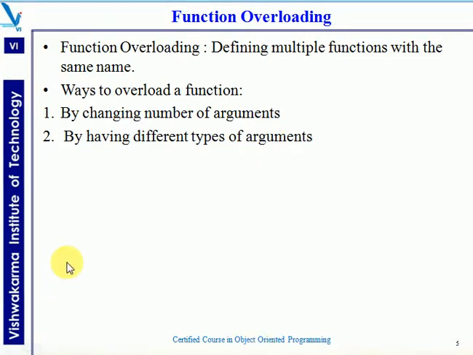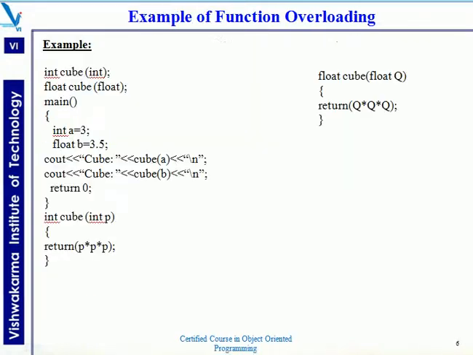We will see one example of function overloading. See this sample code. Here I have used the same function twice, but I have used different types of arguments, that is int and float, and here I have defined the function.